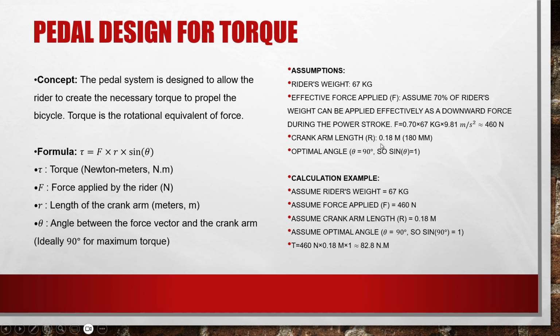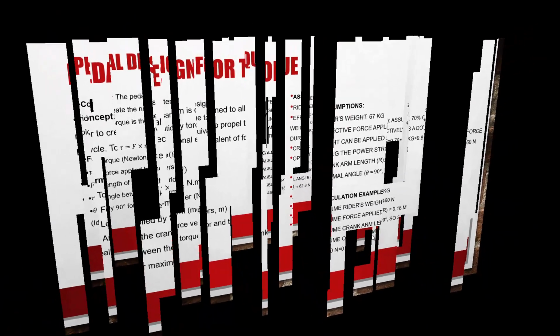Anyways, we assume the length of the crank arm to be 0.18 meters, and the angle to be 90 degrees. So sine 90 degrees is equal to 1. Plugging in the values, 460 newtons that we got from here, times 0.18 times 1, we get 82.8 newton meters.